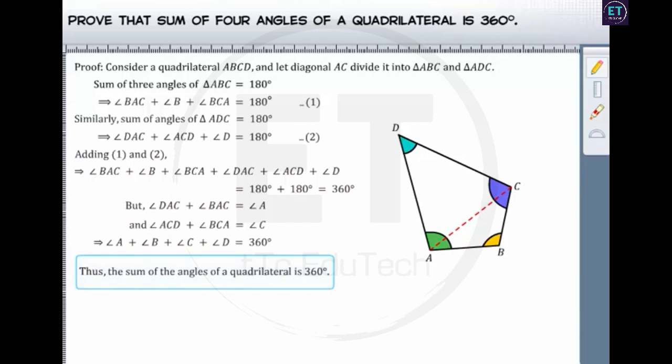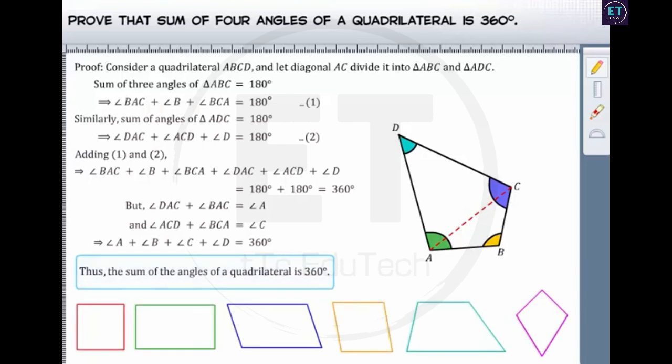Thus, the sum of the angles of a quadrilateral is equal to 360 degrees. That is, the sum of all the angles of a square, a rectangle, a parallelogram, a rhombus, a trapezium, and a kite is equal to 360 degrees.